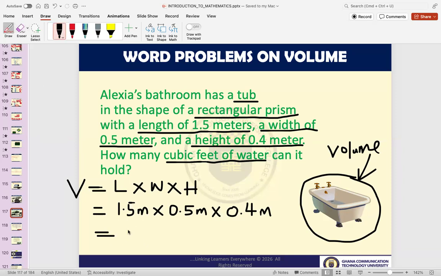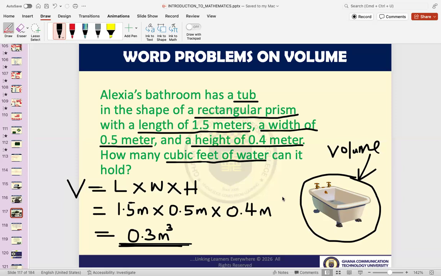So this is 0.3 meters cubed. Yeah, very good. 0.3 meters cubed, or the same as cubic feet. And that is the volume of water that this can contain.